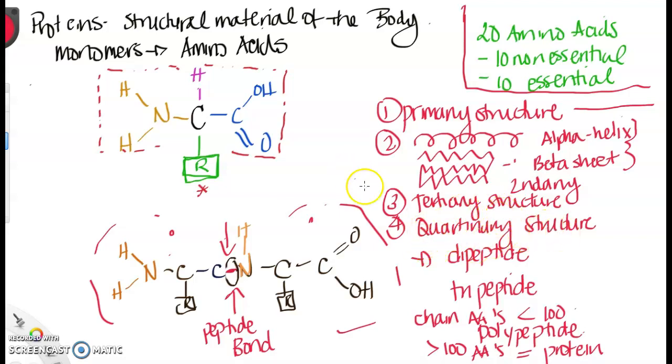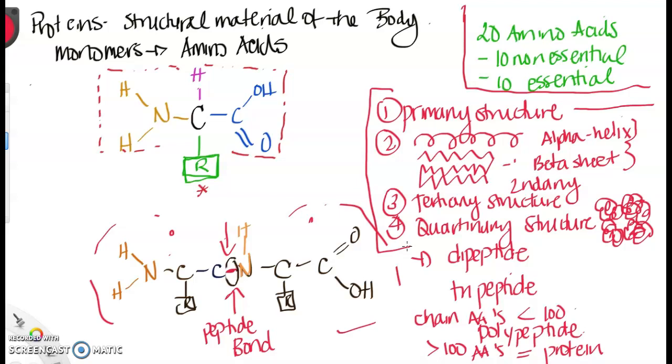An example of that would be hemoglobin. Hemoglobin has 4 different proteins attached to one another, just like this. Okay? The structure is very important for the function of a protein. If a protein is denatured and it loses its structure, it can't do its job.